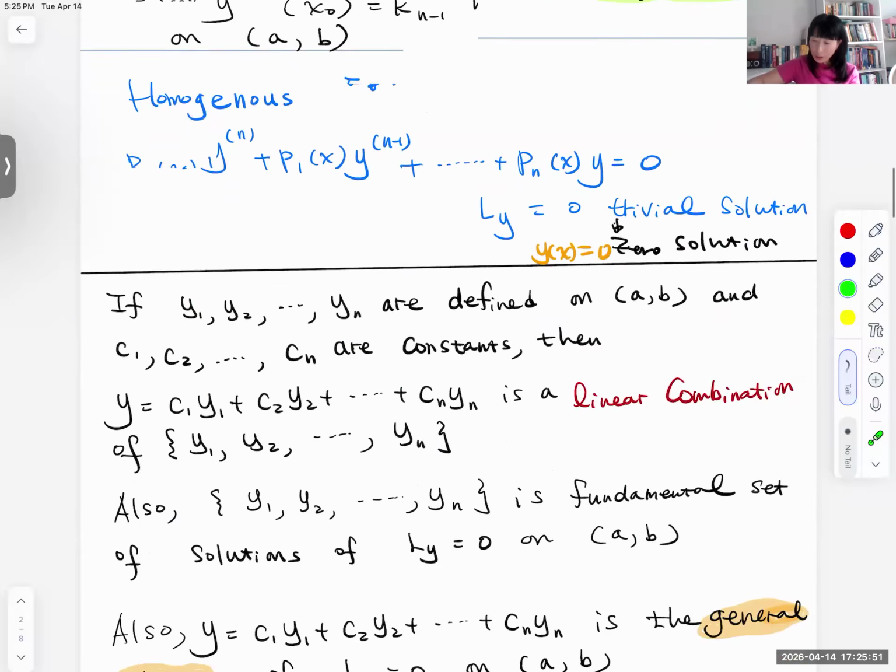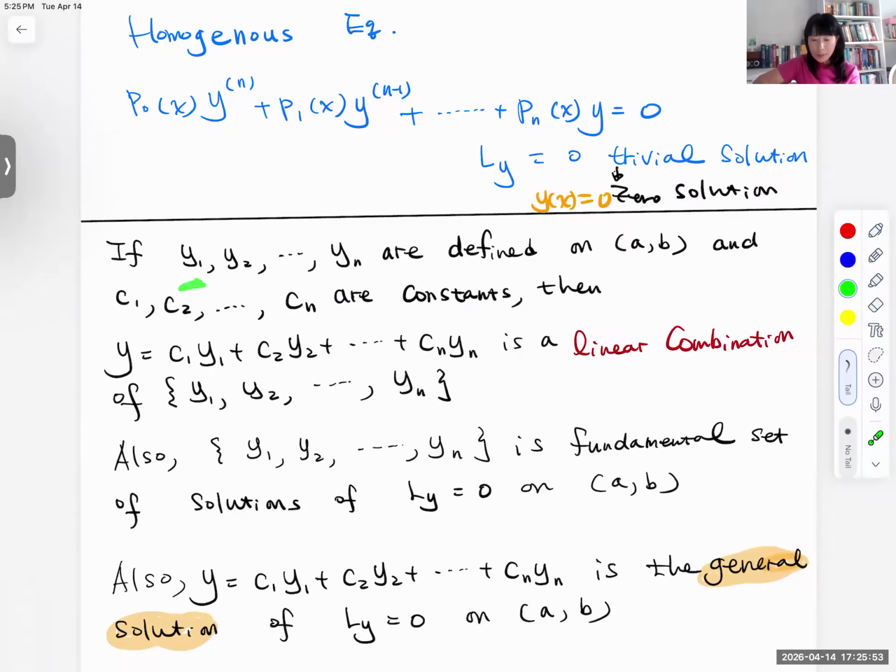If we have y sub 1, y sub 2, until y sub n in the open interval A and B, and we have constants, then we have a linear combination form. We did this before, right?